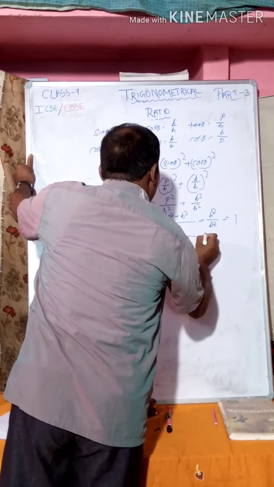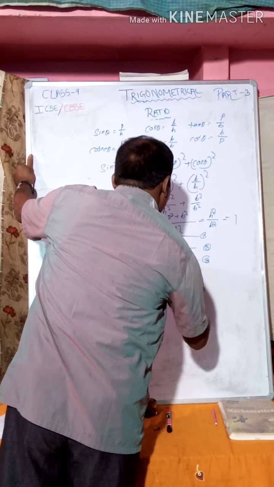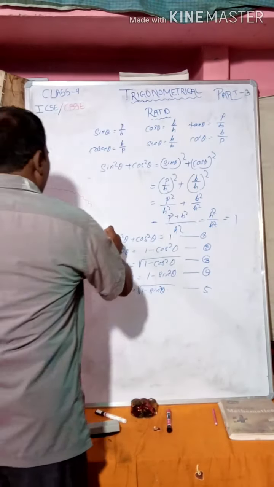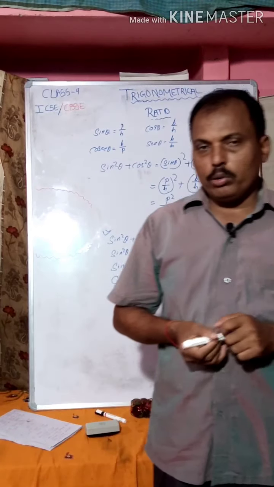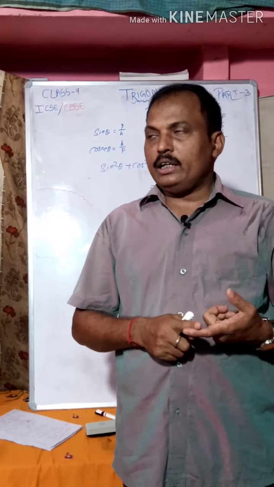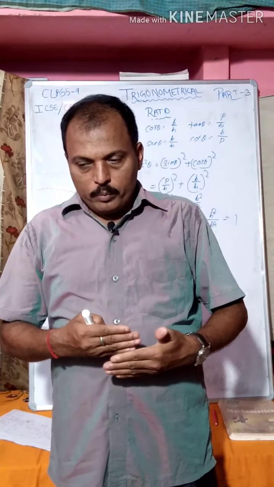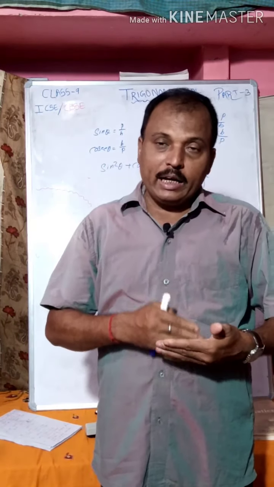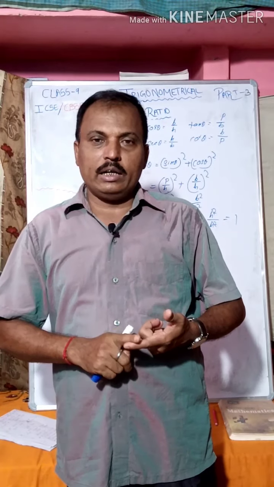This is the first formula, second formula, third formula, fourth formula and fifth formula. But the base or fundamental formula is sin square theta plus cos square theta is equal to 1. If you know this by logical proof, then you automatically remember sin square theta is equal to 1 minus cos square theta.